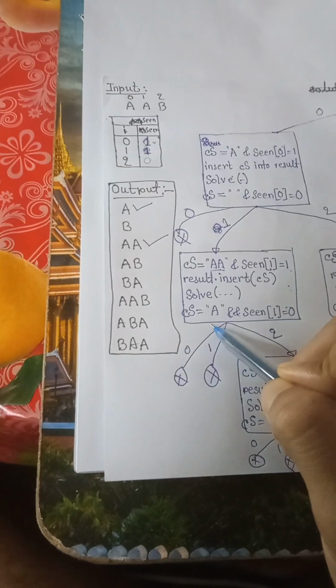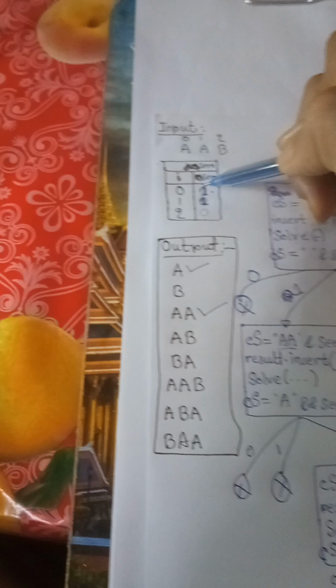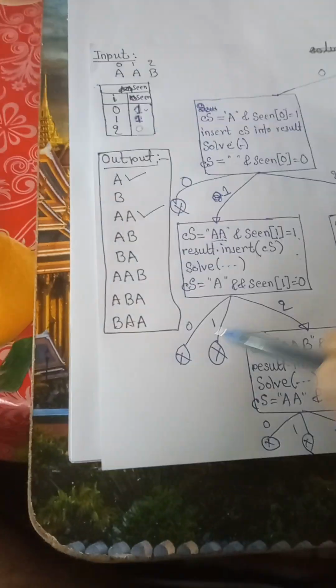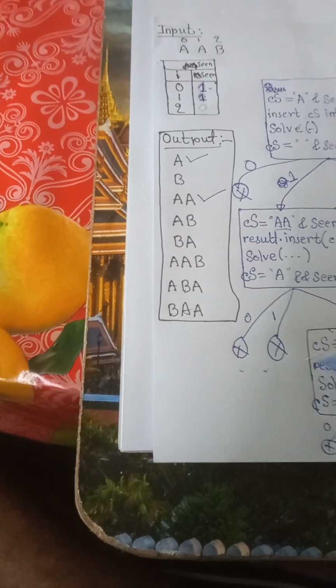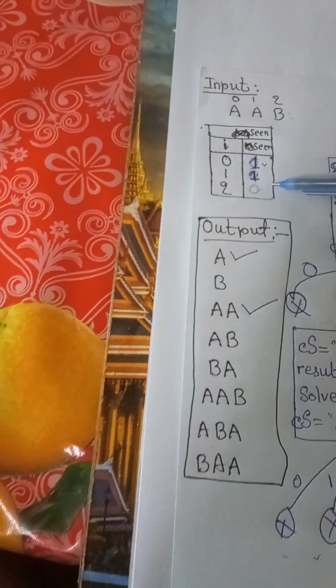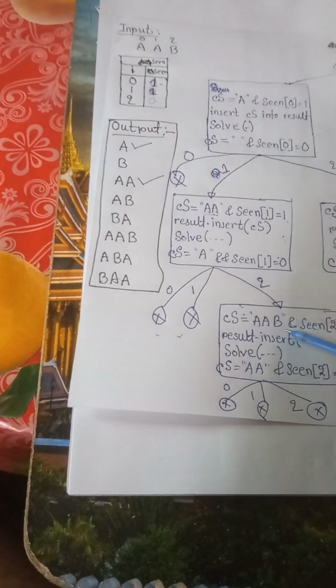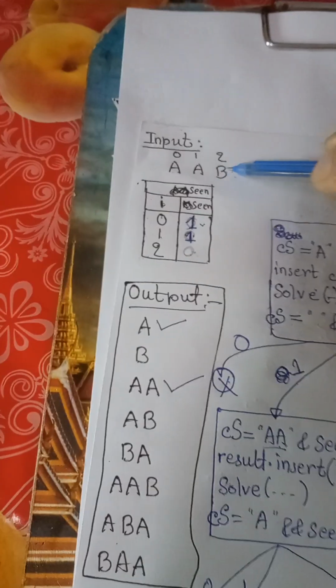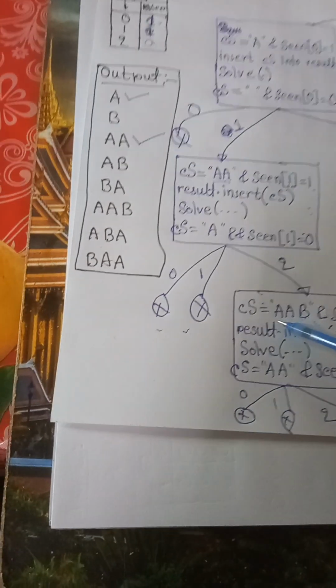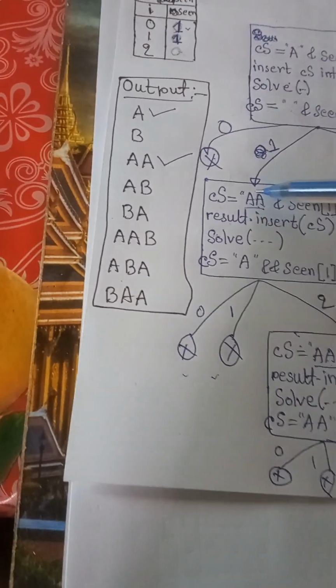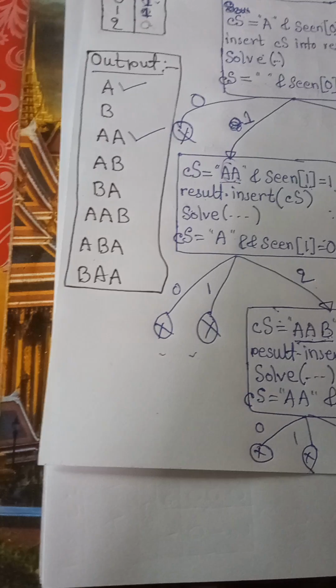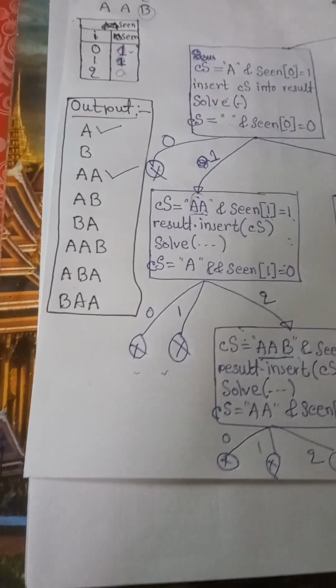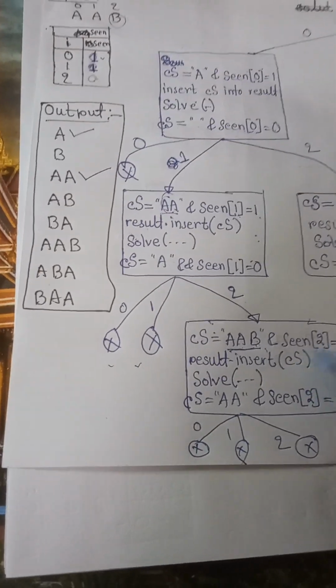Then again I am calling the solve function, and you can see that index 0 is already seen, index 1 is already seen. So here we do not have to go further, and I just have to check for 2 because 2 is not seen. So here my current string becomes AAB because at 2 we have B. So I am inserting B into my current string A. So this becomes AAB, and I am setting my seen[2] equal to 1.